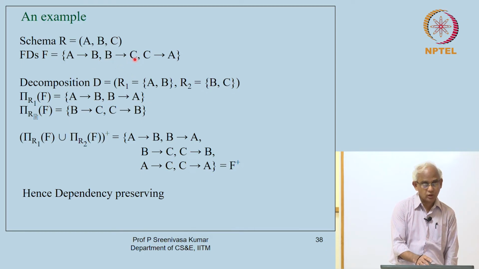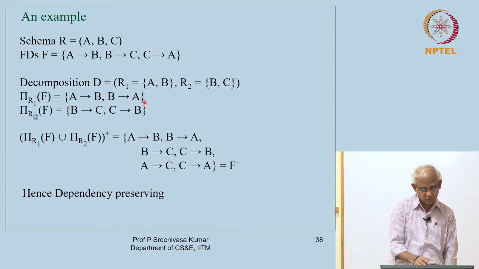B determines C is not applicable because C is not there here, and this is also not applicable, but because of B determines C and C determines A, we have B determines A, and so that is actually applicable for our case. Right. So, A determines B, B determines A will come into picture. In a similar way, B determines C, C determines B will come into picture here.